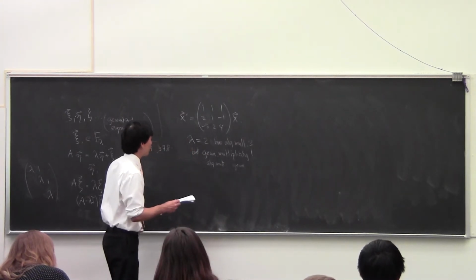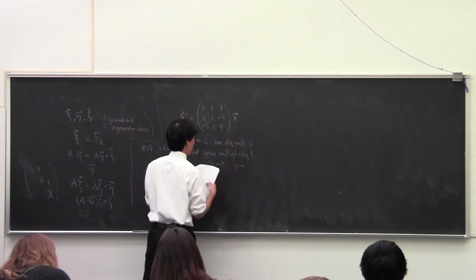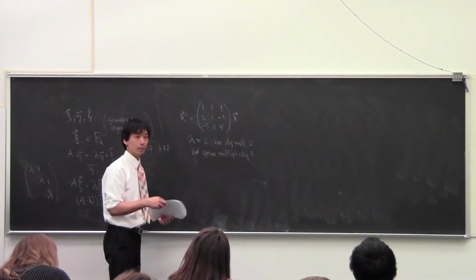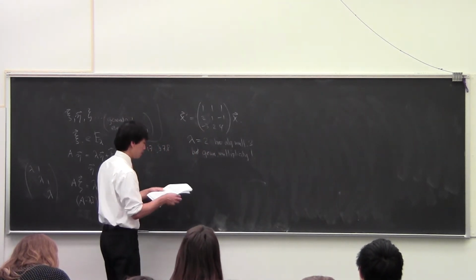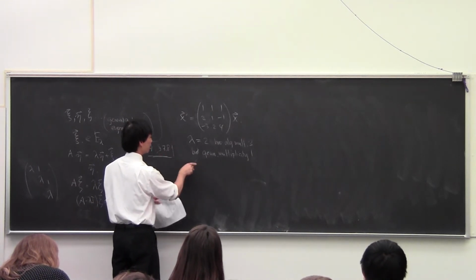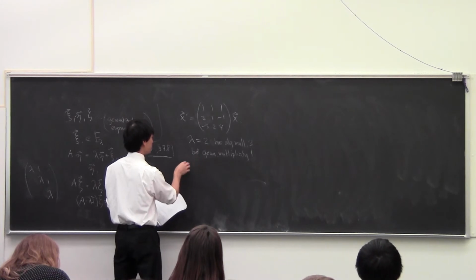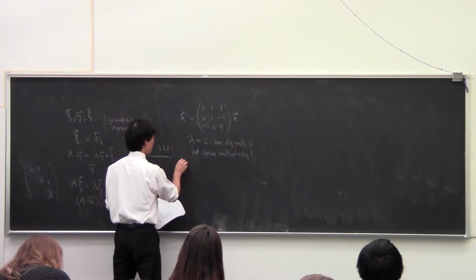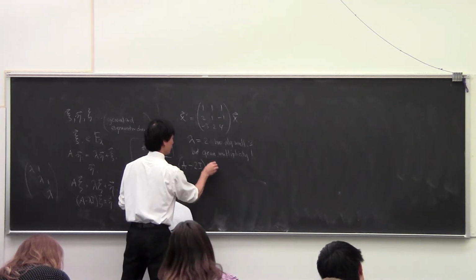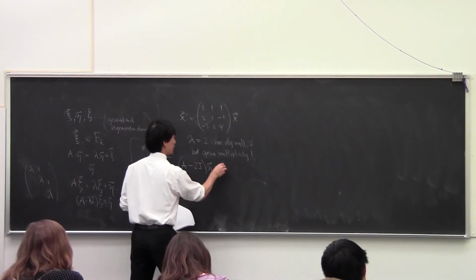So this thing has algebraic multiplicity, but geometric multiplicity is only 1, and so you're trying to find a generalized eigenvector. So you say, well, we look at A minus 2I eta equals c.